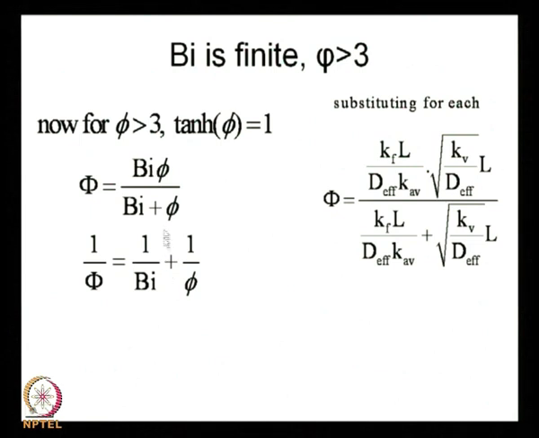So, what I do is very straightforward: in this formula I put all my Biot number and the intrinsic Thiele modulus expressions in terms of the effective diffusion coefficient, the mass transfer coefficient Kf, the length L, K average, which is the partition coefficient, and everything, and this is the formula that I get, which I can use.